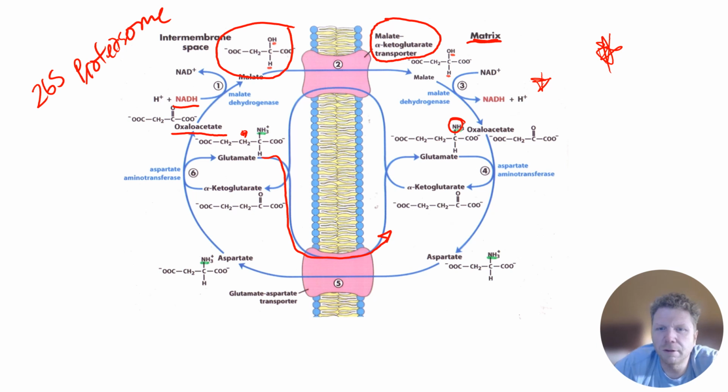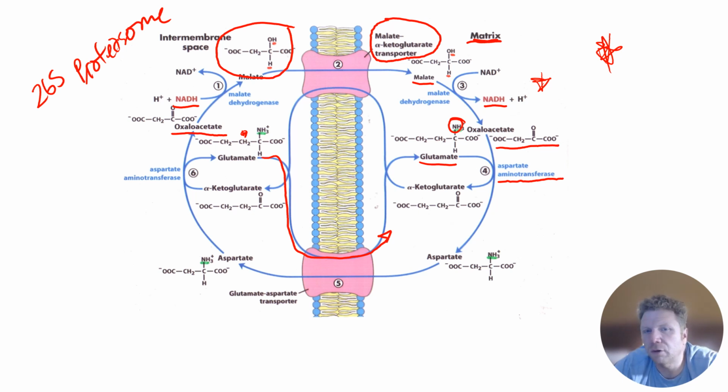So what has happened is malate has become oxidized. We've generated NADH. When malate is oxidized, we make oxaloacetate. Glutamate and oxaloacetate undergo a transamination reaction.